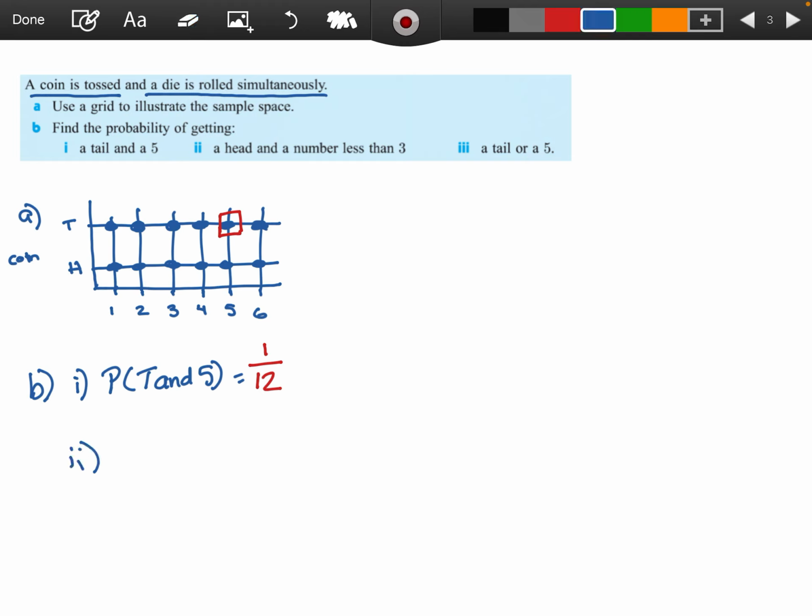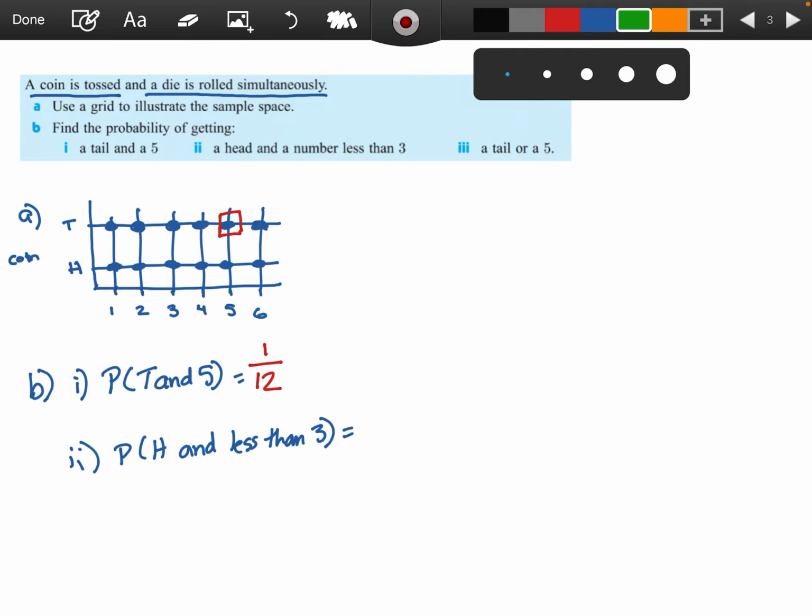In part 2, we are looking for heads and a number less than 3. So we need heads and we need a number less than 3. Well, this outcome is heads and a 1, which is less than 3.